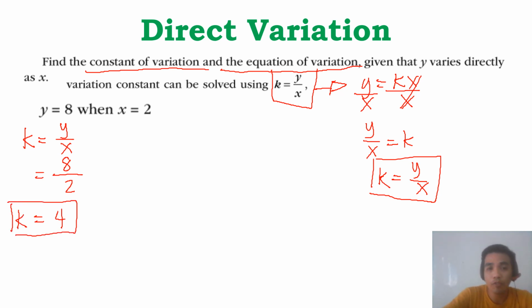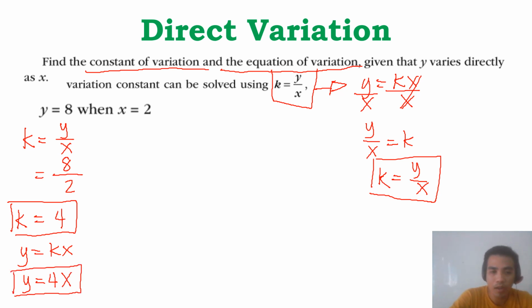And after that, find the equation of variation. O paano ba isusulat yung equation of variation? Just simply substitute the value of k sa equation na y equals kx, y equals 4x. So this is now our equation of variation.